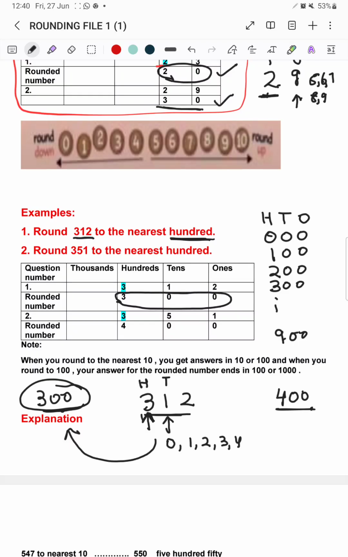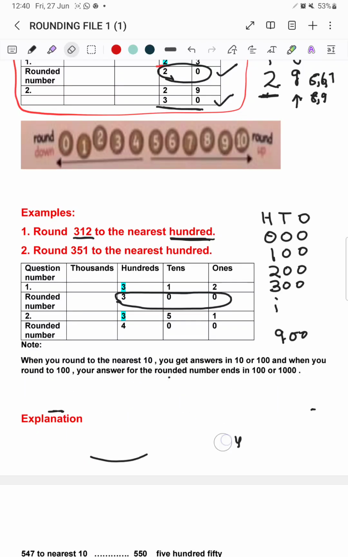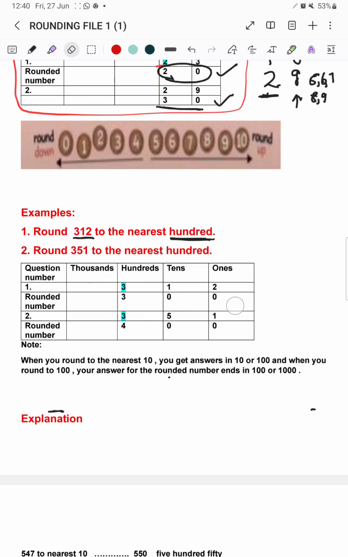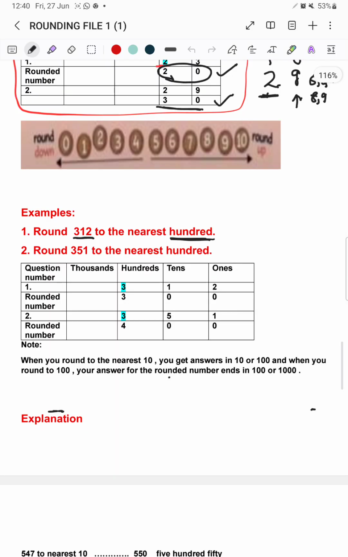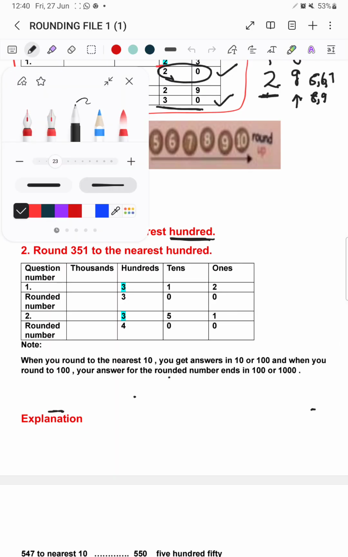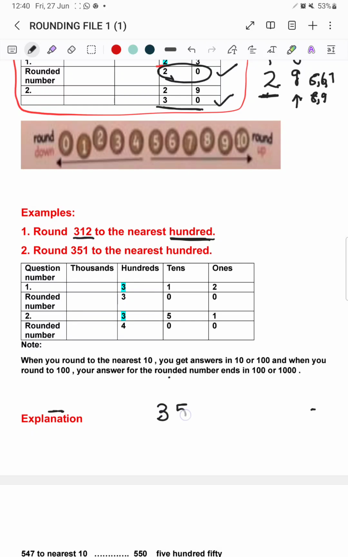Okay, let's take one more example, and the question is 351. We have to round off 351. Now what we need to do here? So again I will be writing 351. The first thing that should come to my mind is, it lies between which two hundreds? It lies between 300 and 400.